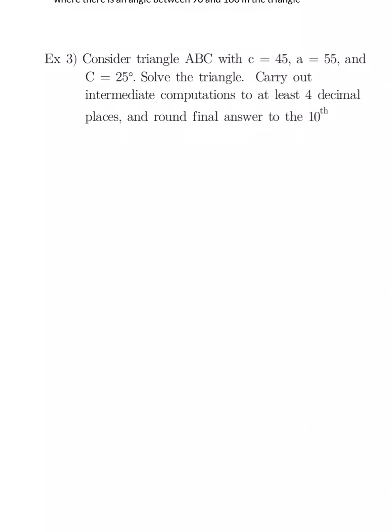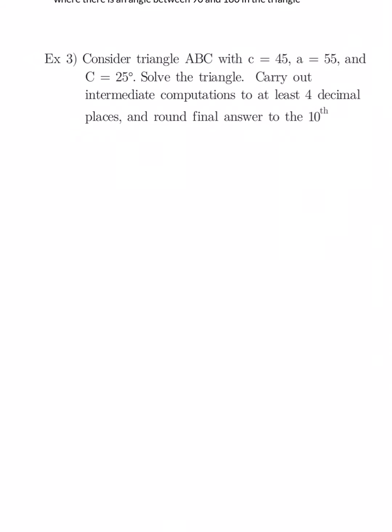When you look at our given information, we do have the pair of side C and angle C. And then we are given side A. So what this is going to require for us is that we must try to find angle A first because of the pairings that we have.